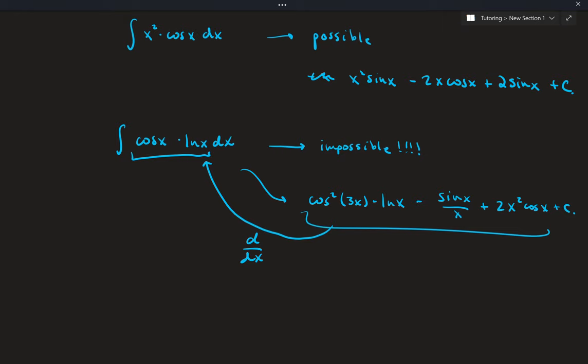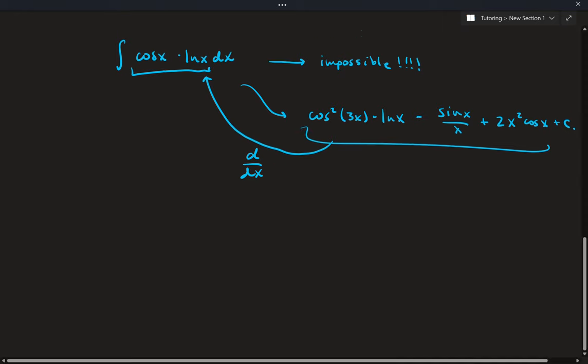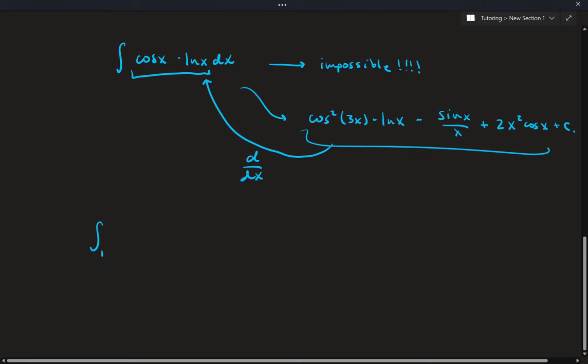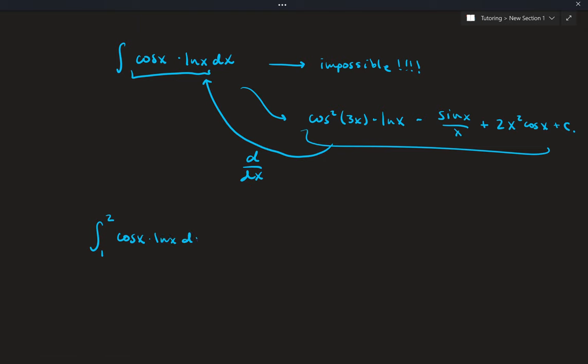They're impossible to do algebraically. It's not too hard to see that, if you needed to find this integral, it is just an area. So you would be able to find an approximation.